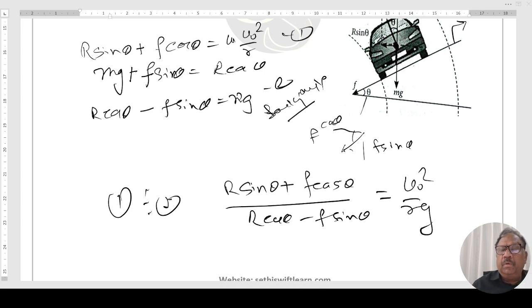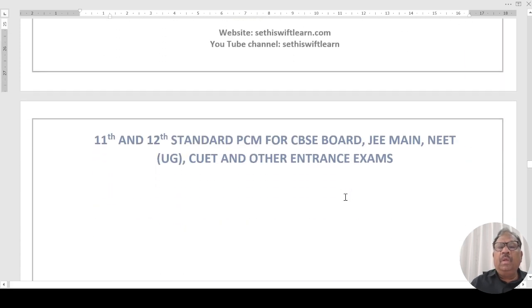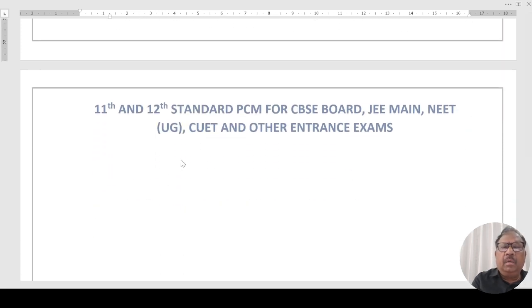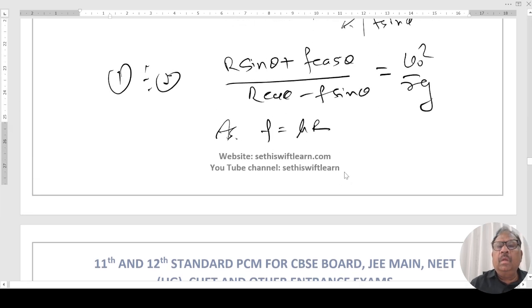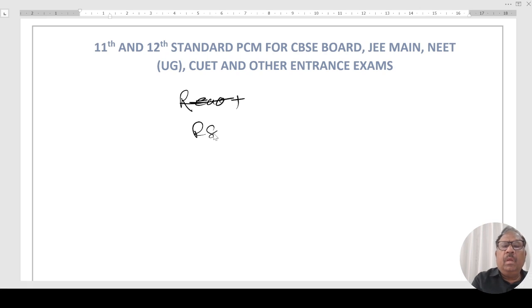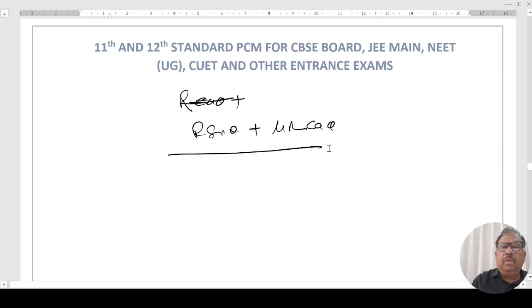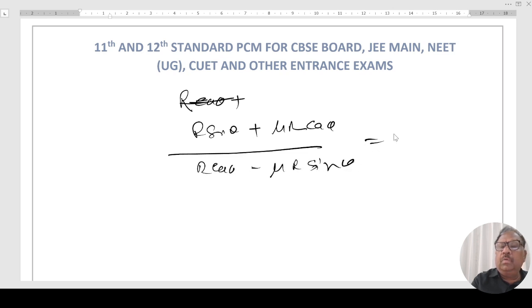Now on further calculation, as F equals mu R, friction force equals mu R where mu is the coefficient of friction, we get R sin theta plus mu R cos theta upon R cos theta minus mu R sin theta equals v naught square by g r.